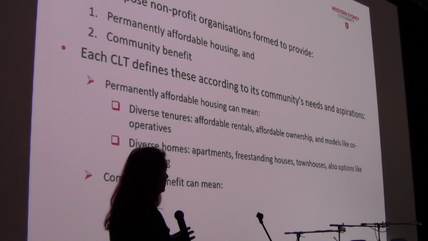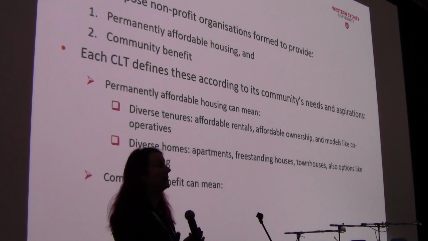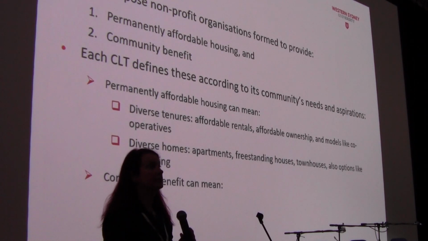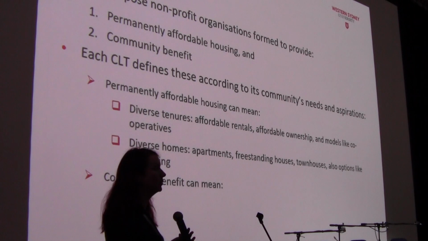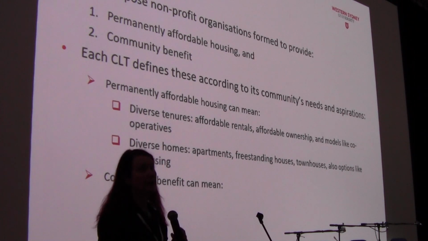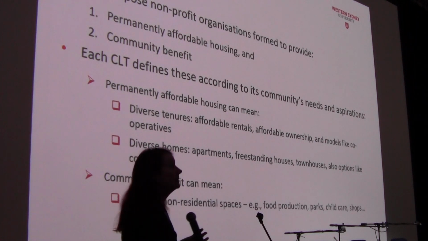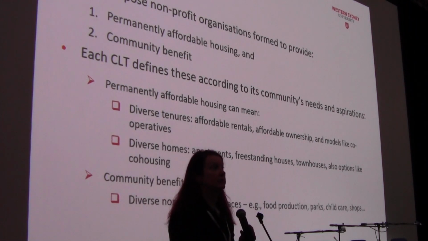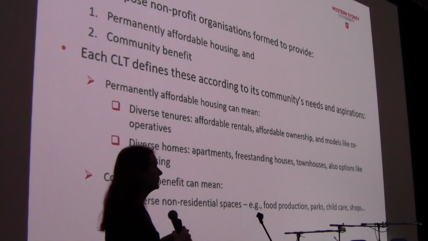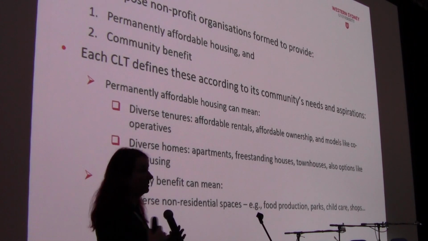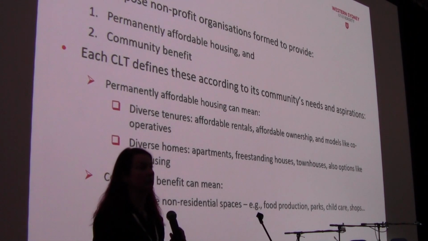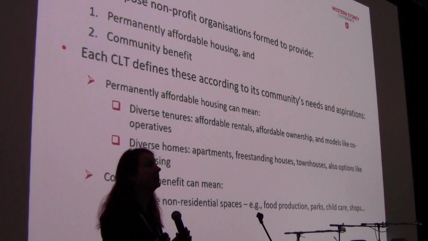And likewise, community benefit can mean literally anything that your community needs to see. So is it youth employment programs? Is it food access programs? Is it childcare centres, aged care centres, medical centres? So internationally, you will see literally anything possible being done on a CLT because the community has said that's what we need to see here in perpetuity.